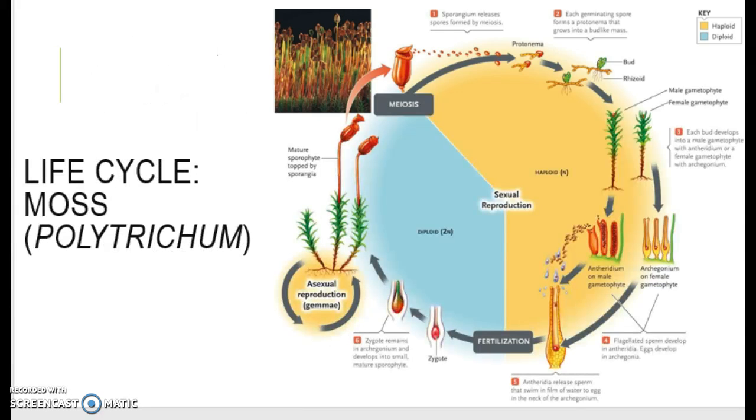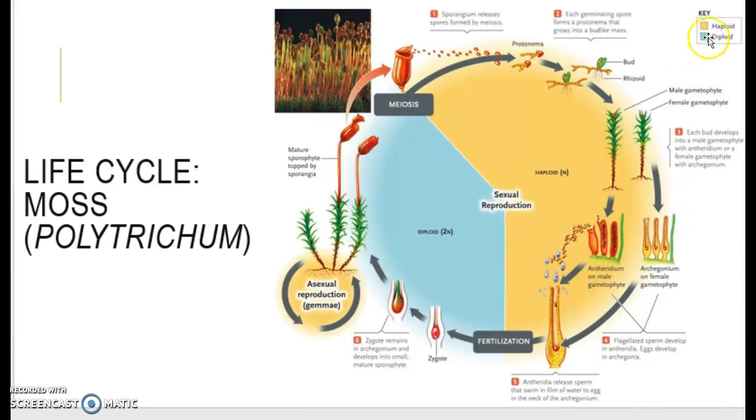Here's a life cycle of a moss. I'm not going to go through this in detail, but one thing I want you to look at is after meiosis, you see your buds and your rhizoids are here. Remember, the sporangium releases spores that are formed from meiosis, and each germinating spore forms, and that's going to help with the growth of that bud-like mass.